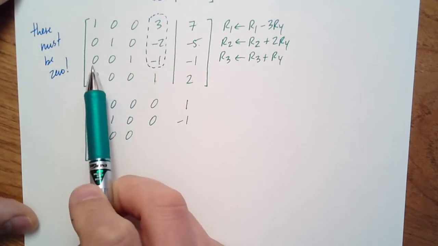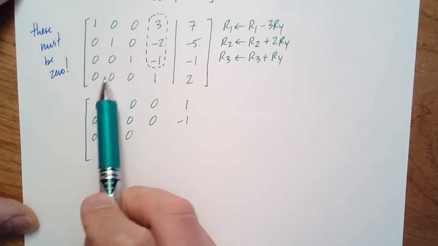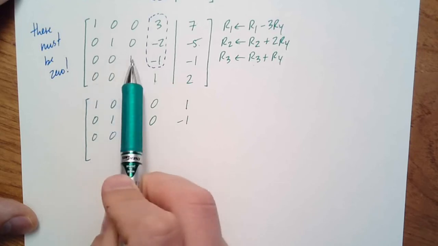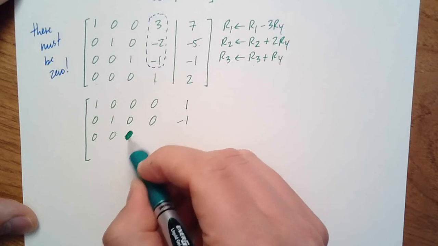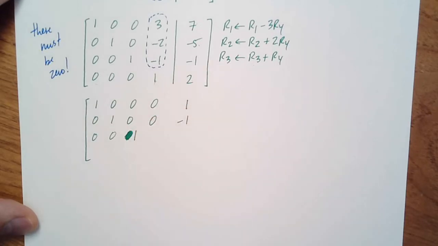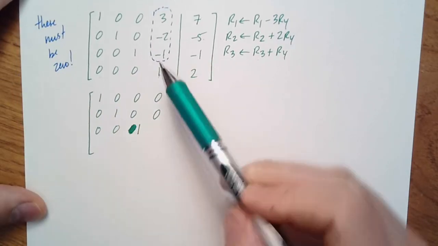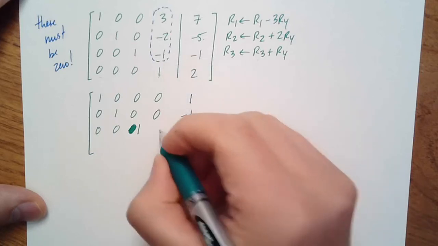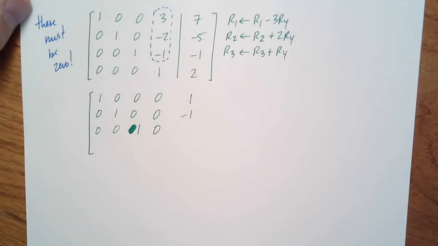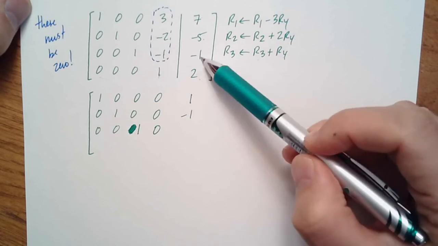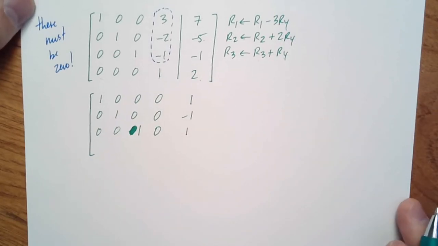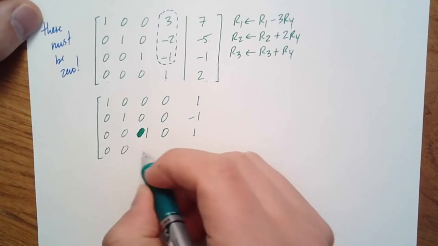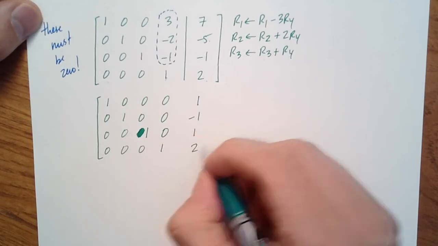When I said these 3 zeros, when we add them to these three entries, 0, 0, 1, I wrote 0, 0, 0, but this should be a 1. So that should be a 1 there. But this negative 1, when we add 1, we'll get 0. Okay, and then when we add 2 to the negative 1, we'll have positive 1. And then our last row won't change. So we have 0, 0, 0, 1, 2.